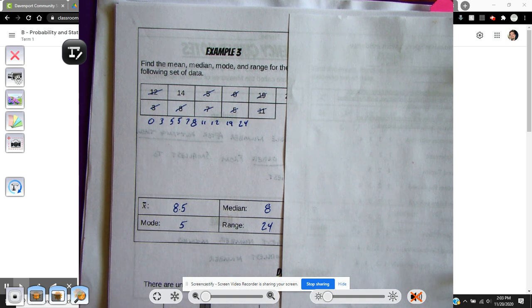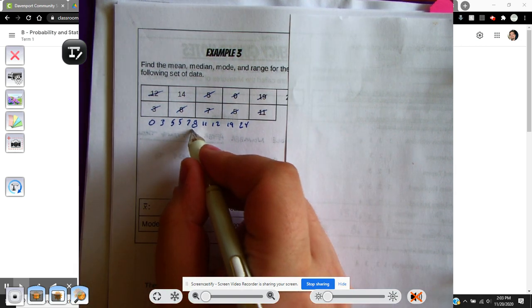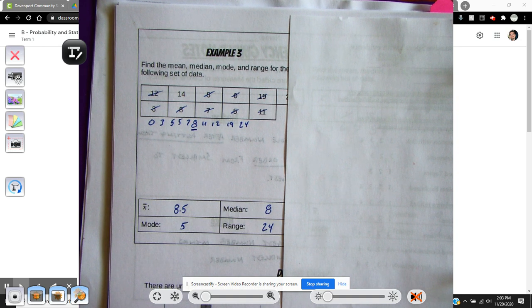In this example, we had an odd number of numbers, so we actually had a single number in the middle, so that number is our median.